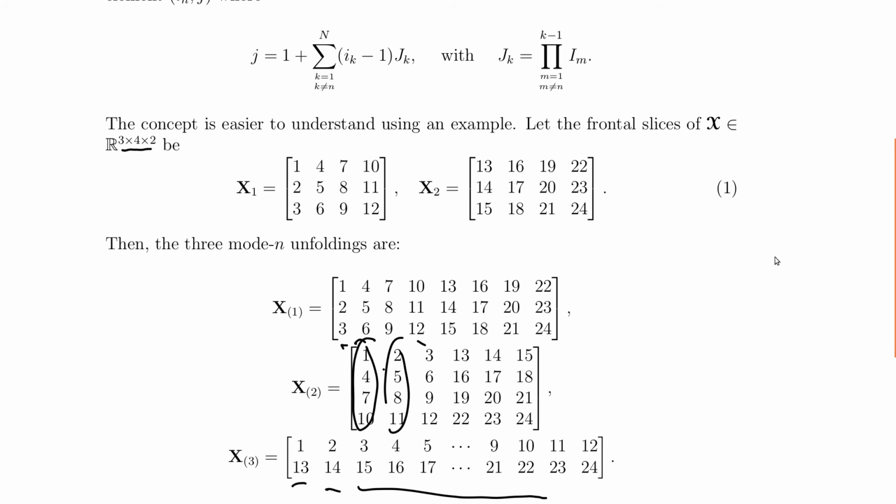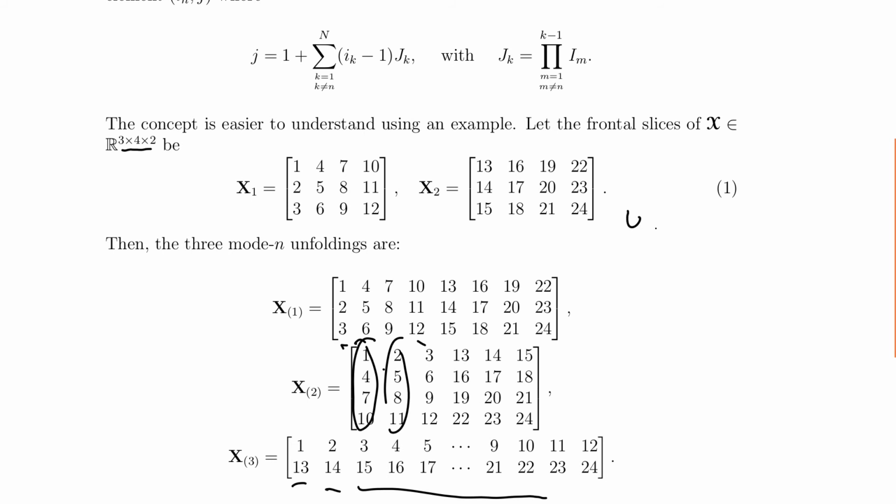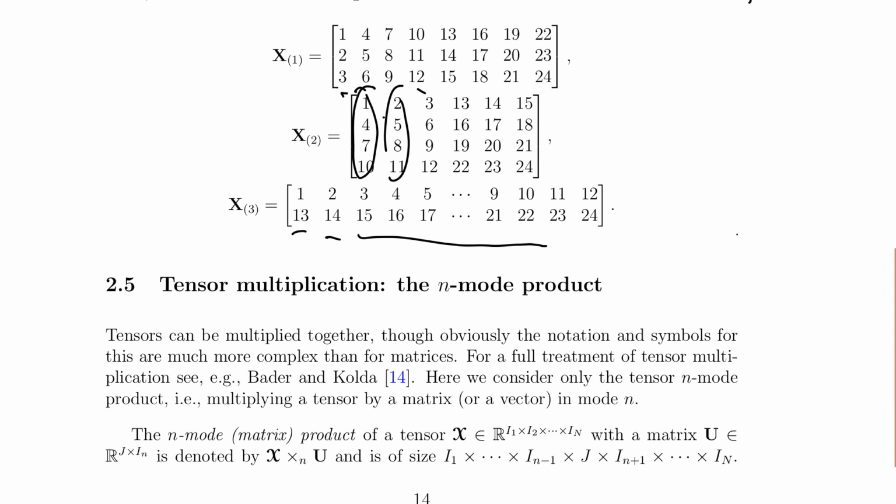So U is 1 2 3 4 5 6. So we are going to do a mode 2 multiplication. Remember, is it mode 2 or mode 1? I think mode 2 doesn't make sense.